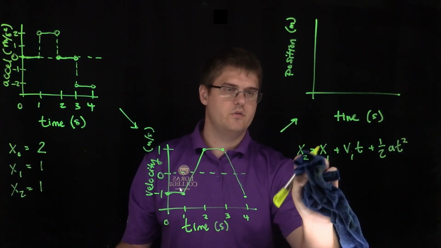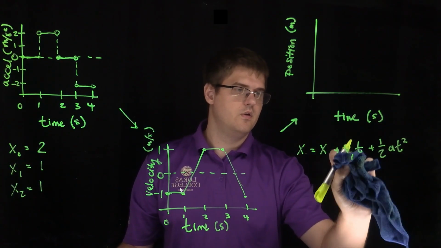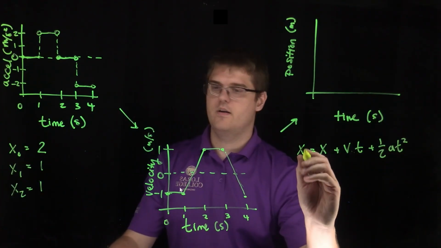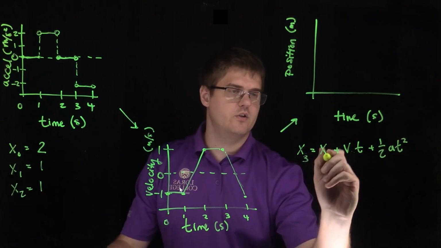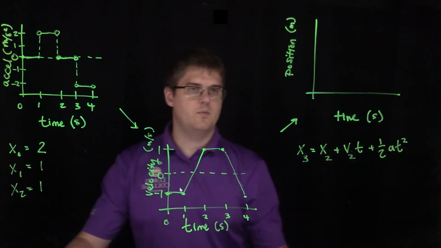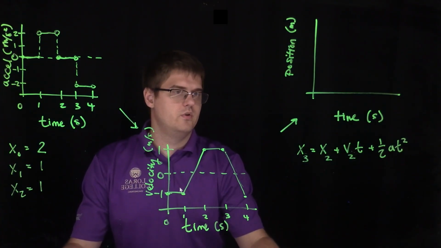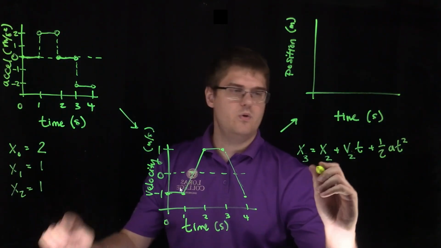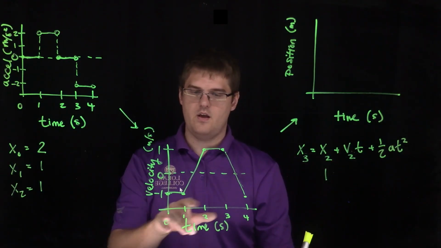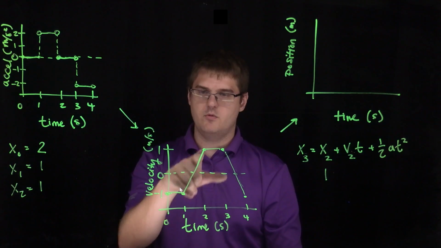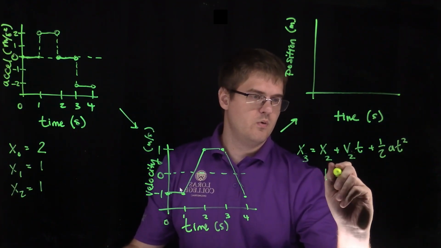Continuing our piece. Our position at 3 is going to be dependent upon our position at 2. We have x2 is 1. Velocity at time 2 is 1.